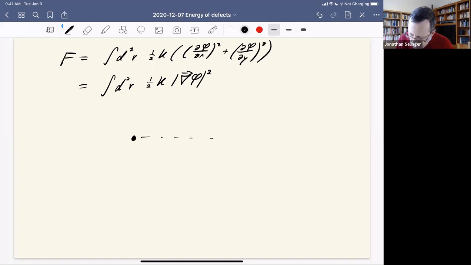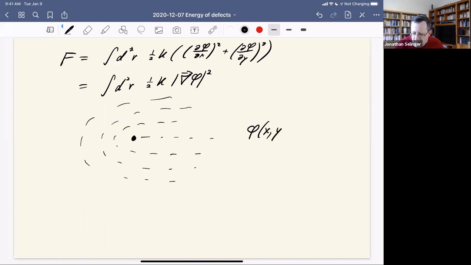The director comes around like this. So here there's a director which certainly depends on x and y. There's a function phi of x and y. Over here, phi equals 0, and over here, maybe phi equals pi over 2, and here phi equals pi over 4, something like that.